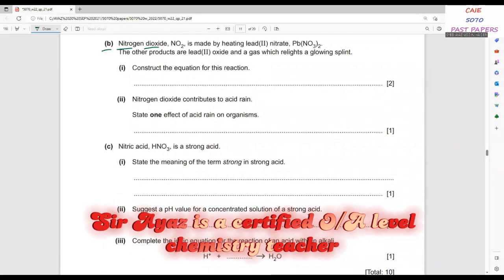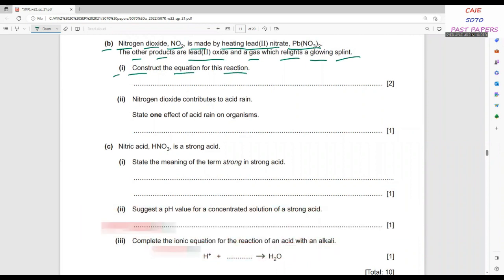B. Nitrogen dioxide NO2 is made by heating lead 2 nitrate, Pb(NO3)2. The other products are lead 2 oxide and a gas which relights a glowing splint. Number 1. Construct the equation for this reaction. The formula Pb(NO3)2 will be on the reactant side. Pb(NO3)2 gives lead 2 oxide, which should be PbO. Lead 2 means the charge on lead is +2.